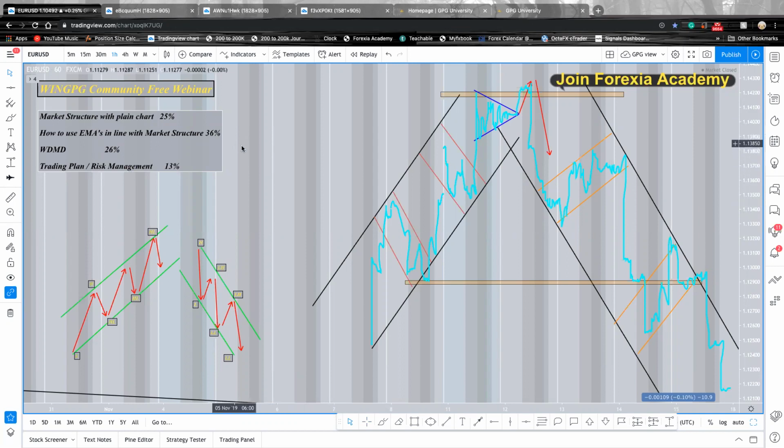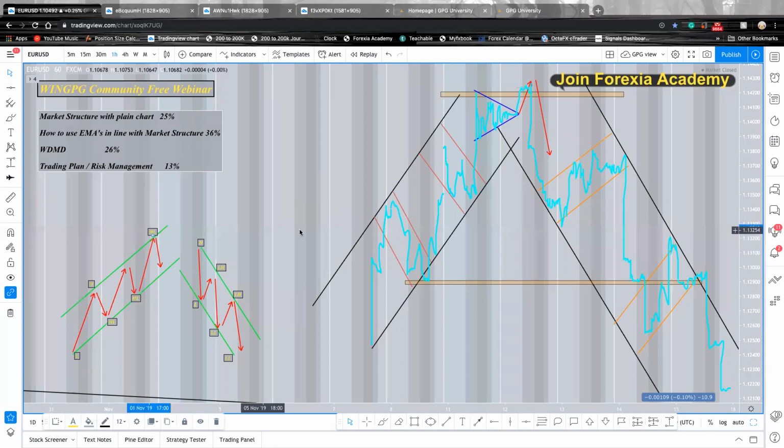So in order to work best with EMAs, you need to understand how trends are created and what the characteristics of a trend are. In the retail world, they make us believe that the market is in a trend when there is a low and high, and then a higher low, higher high, and higher low, higher high.